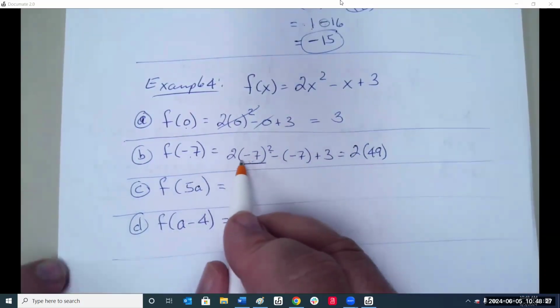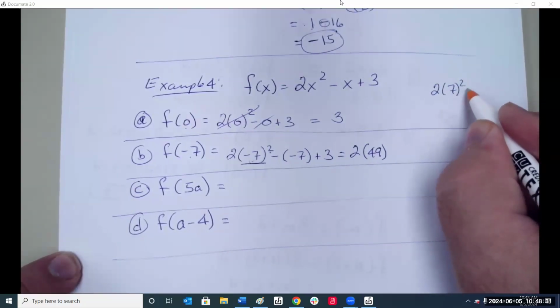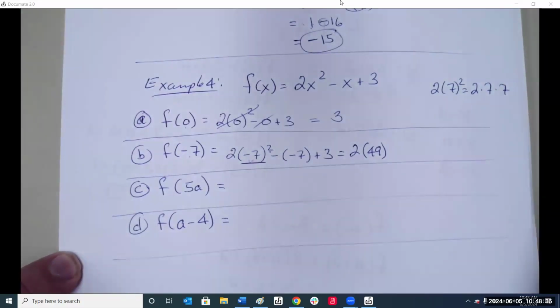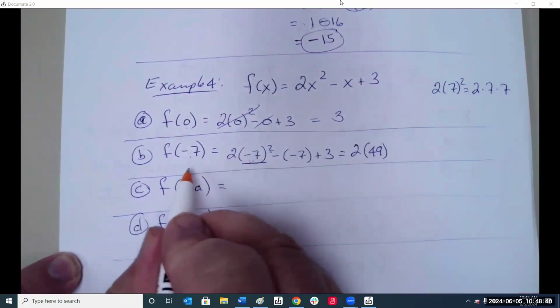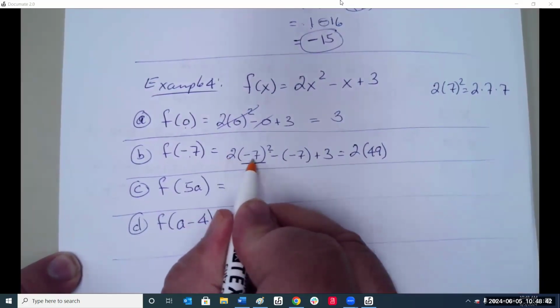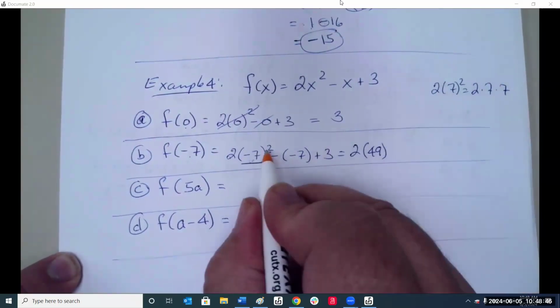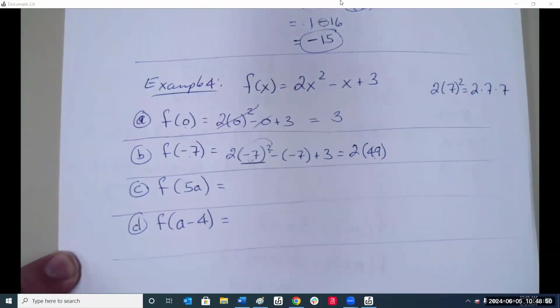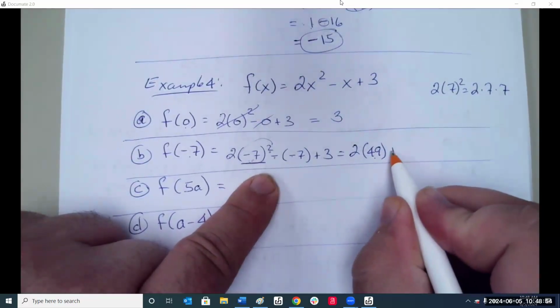Because what this really means, let's say 2 times 7 squared, is 2 times 7 times 7. You have to multiply them out. You can't just multiply 2 times -7, because that's inside the parentheses and it's also squared. So it's 2 times 49. The negative times negative is a positive.